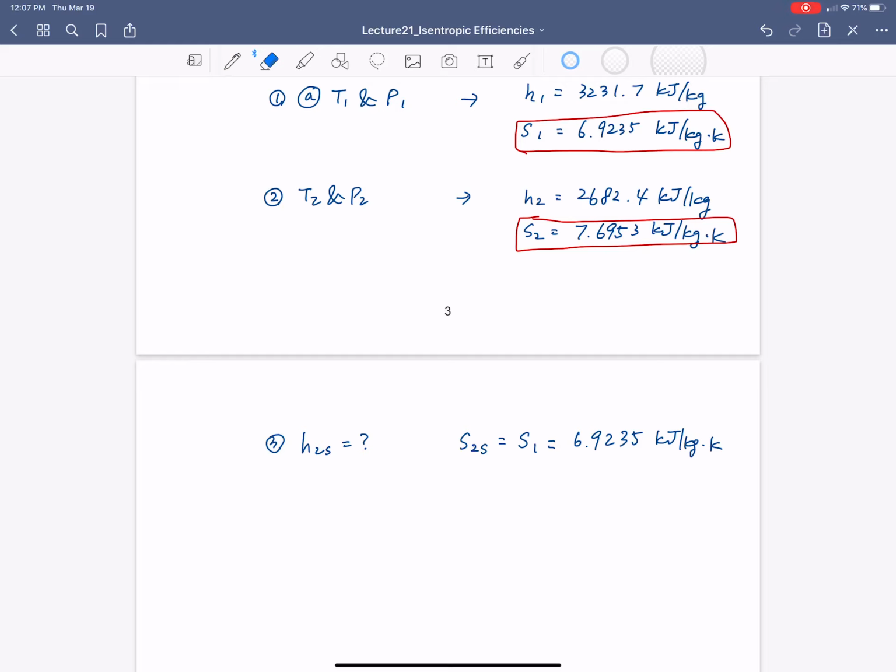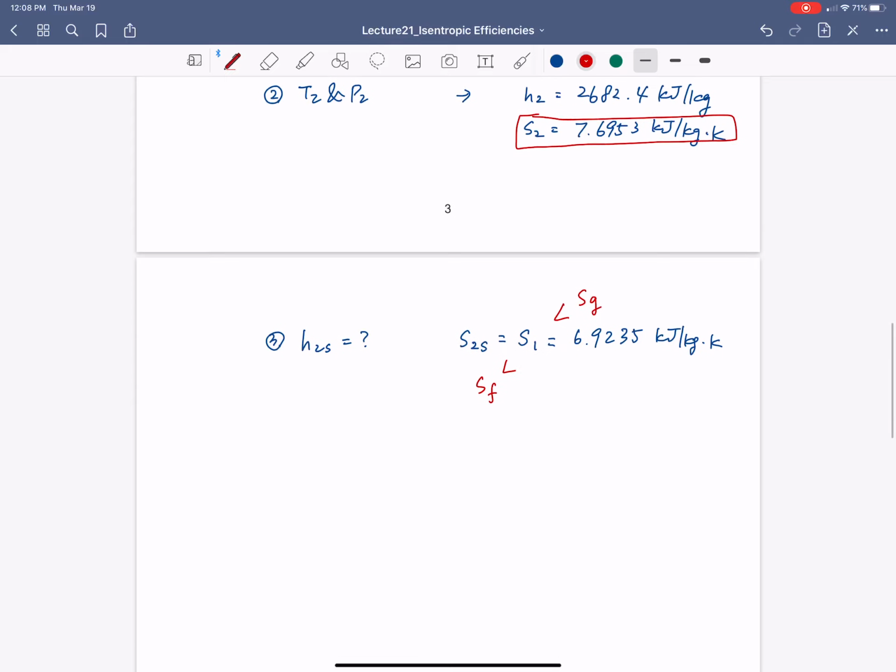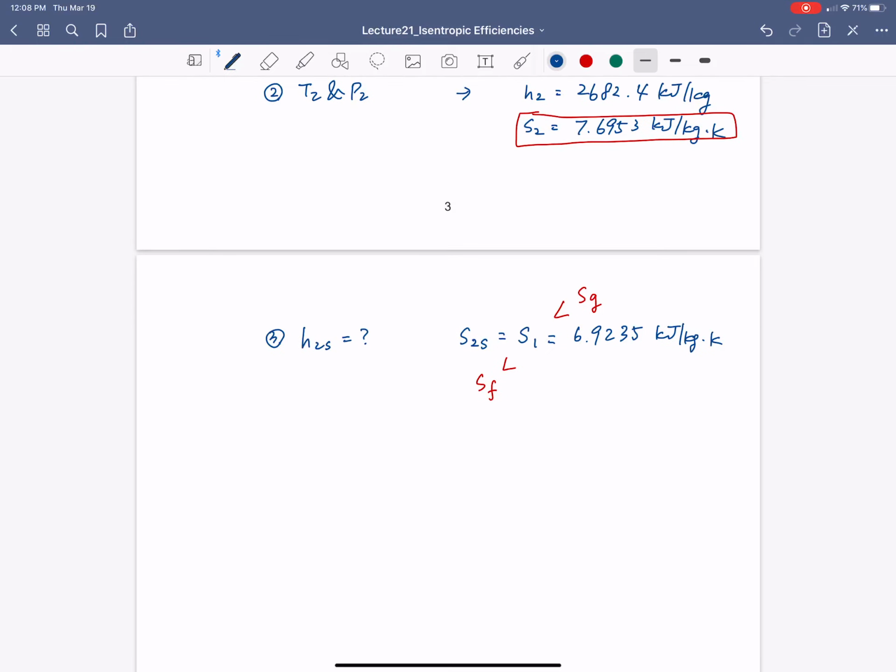So now this one is smaller than Sg, and that is bigger than Sf. So what I can write is S2S should be able to be calculated from Sf and the quality and Sg. Okay.